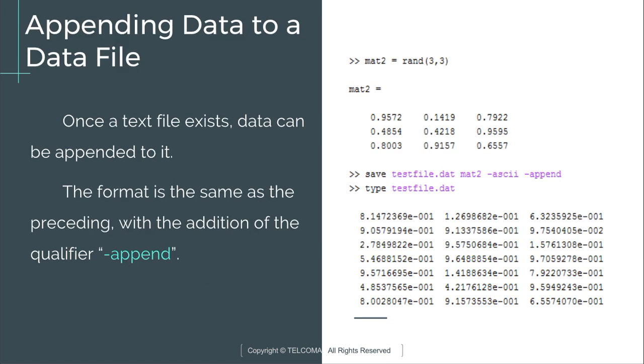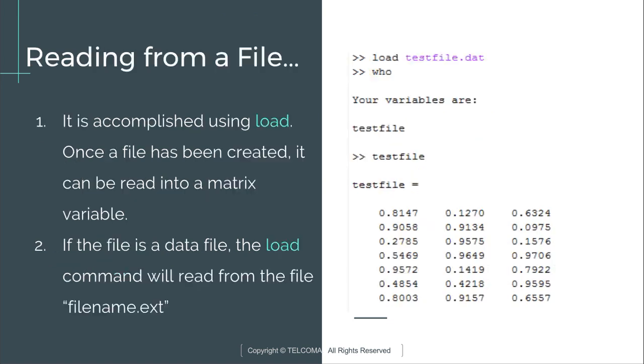But when you append to a file, you just type save space file name space MATLAB variable name space dash ASCII space dash append. If you are not using the append qualifier, this will save the file from the beginning. This will not append to your file.